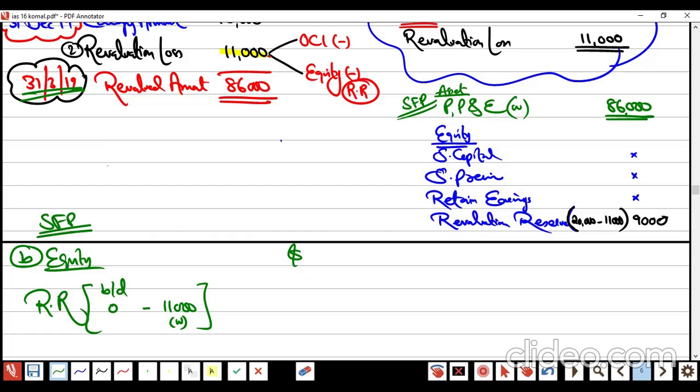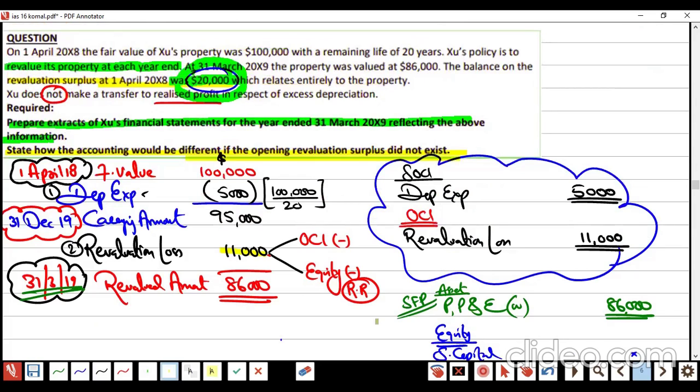So if we move like that, there is a big problem: it is going to be negative. And we have to state, no? State means we have to just give commentary.